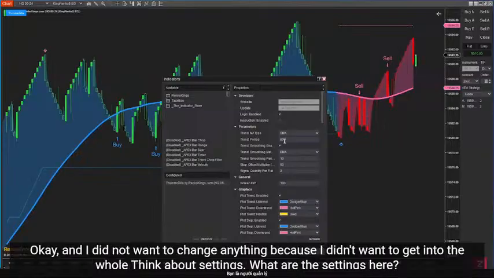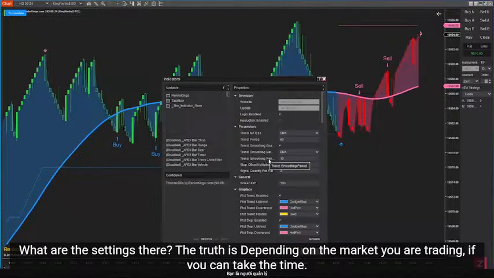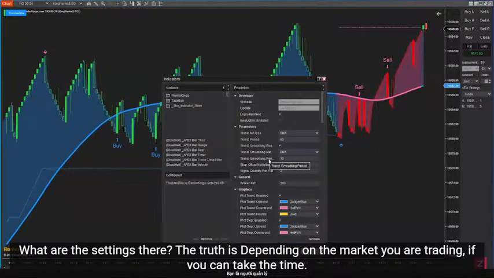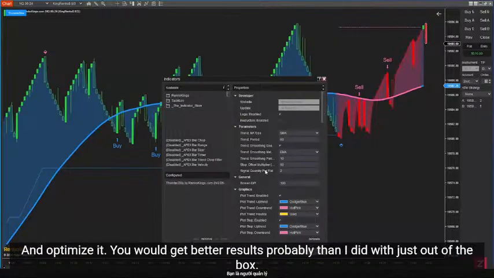The truth is, depending on the market you are trading, if you can take the time and optimize it, you would get better results probably than I did with just out-of-the-box settings. And I used out-of-the-box settings. This is the trend and everything else. I did not change a thing.